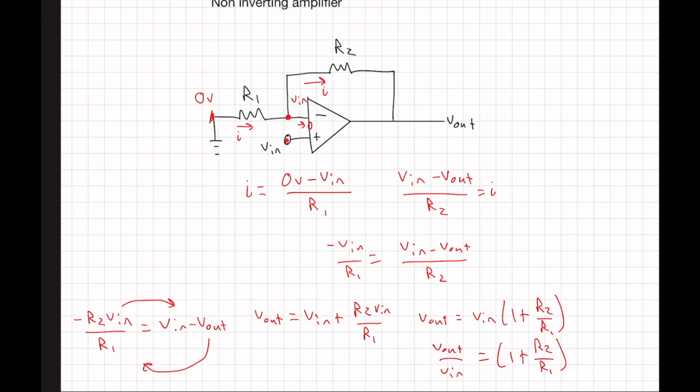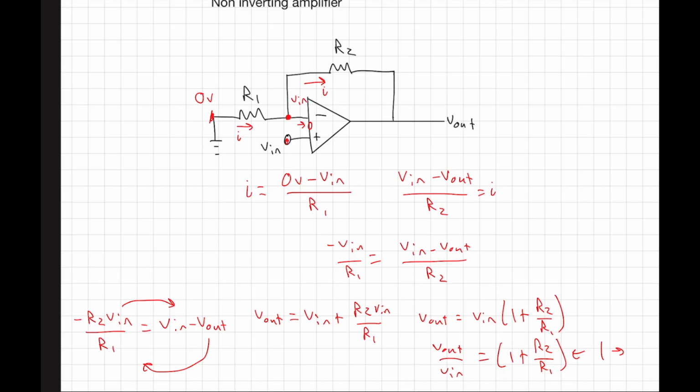Nice. So this is really cool. This gain here is always positive. It's not inverting like our last case, but we can talk about what our bounds can be. So I guess you could say R2 could be 0. So this gain could go from 1 up to, you could have R2 over R1 be infinity.